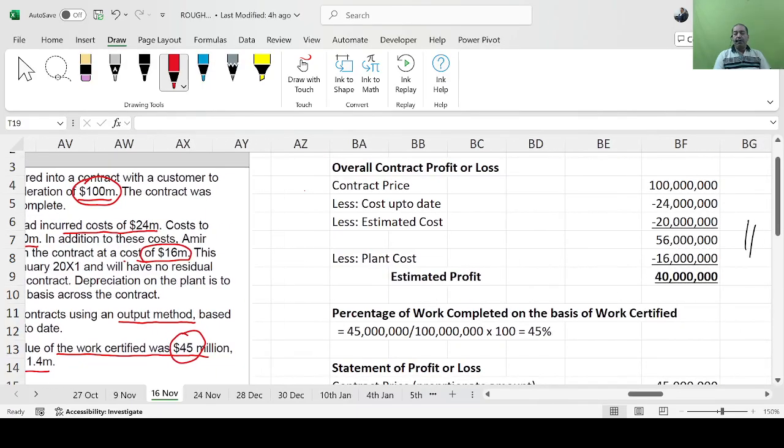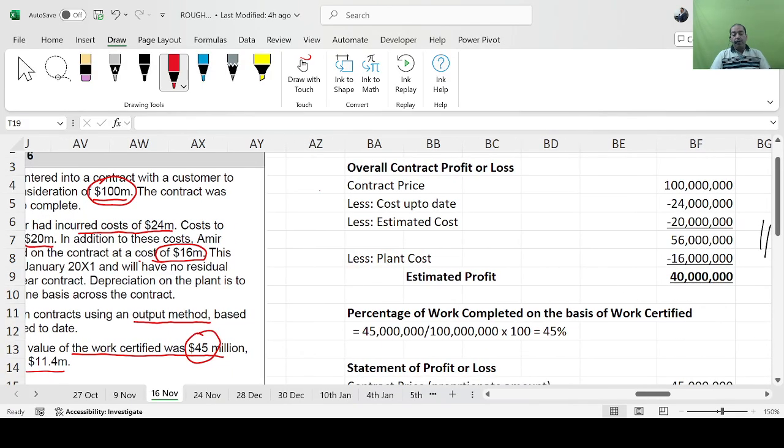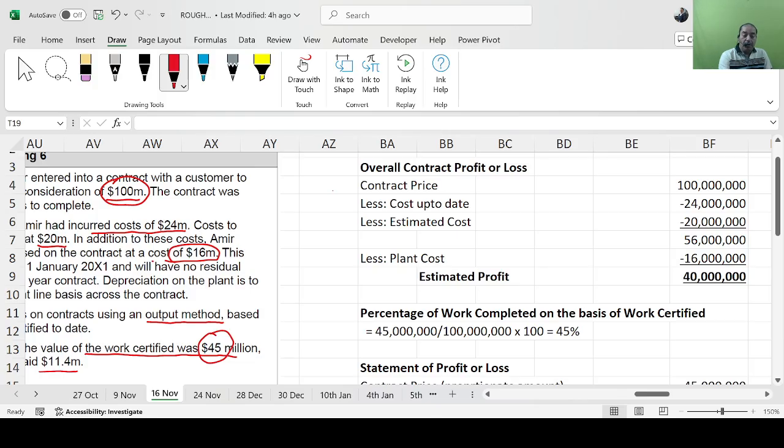Step number 1. Total contract profit or loss. How do I start? Contract price, sir. So contract price is how much? $100 million. So I start with $100 million. What is the cost incurred up to date? $24 million. You can see that $24 million is here. Estimated cost, further estimated cost, $20 million, that is here.